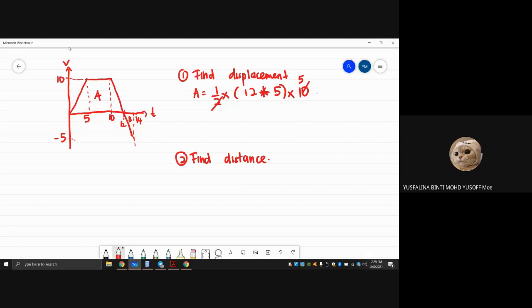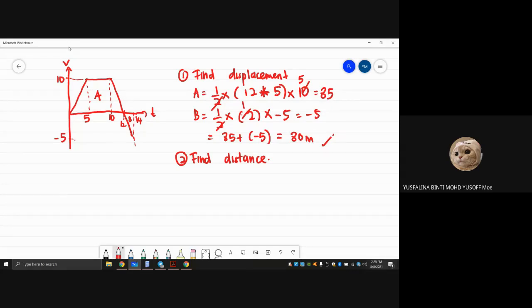So 85, right? Okay, so that is for A. Right, for B, the triangle half times with the base here there is 2, and the height is -5. So you got -5. So then you add both of it, you get 80 meter. Okay, so this is displacement.